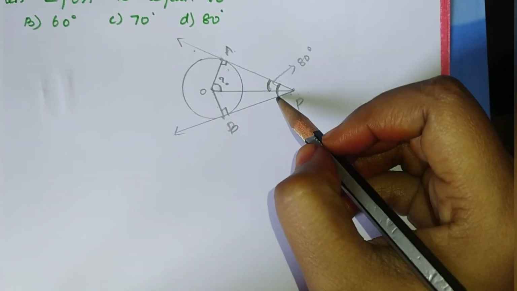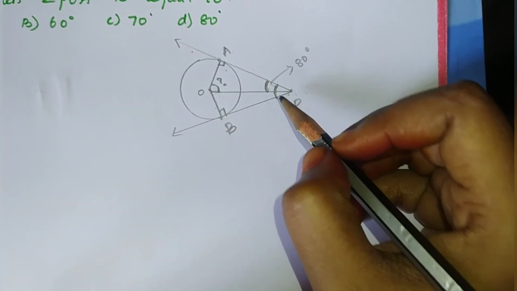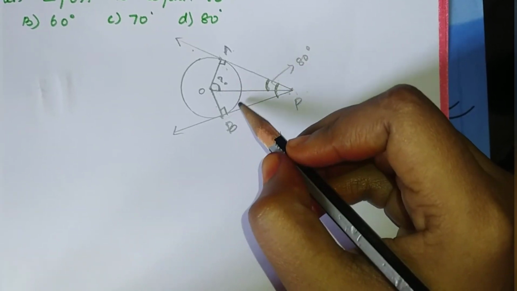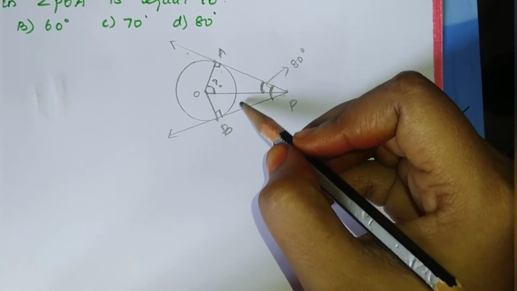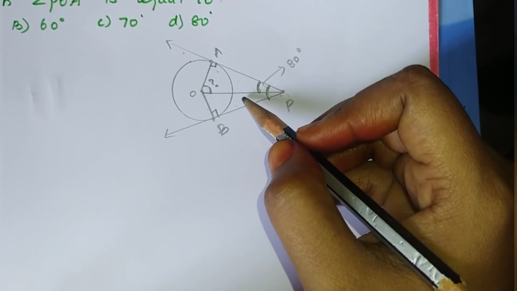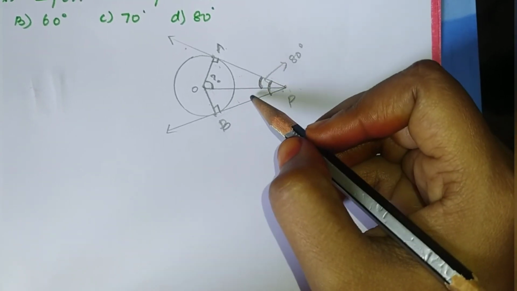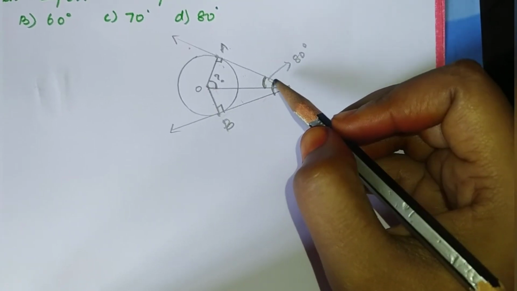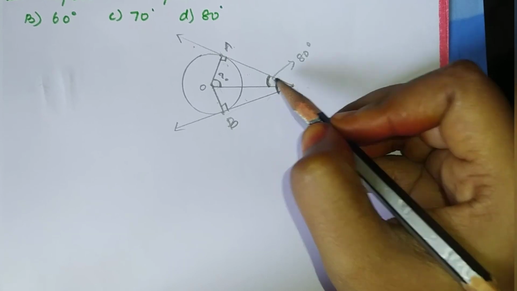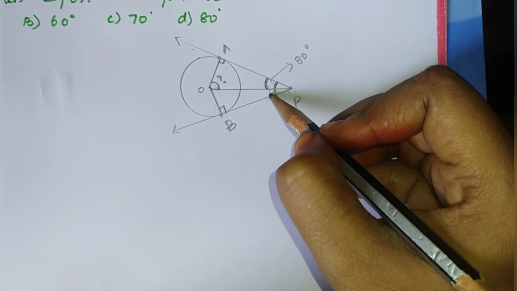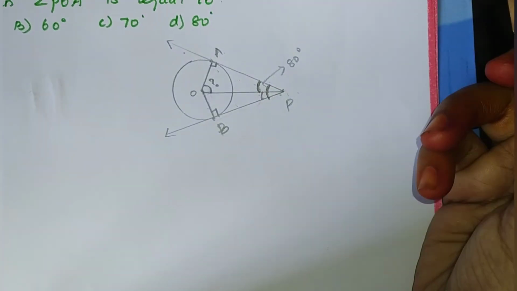For that, I am going to take two triangles and prove that they are congruent. Since the two triangles are congruent, these two angles will be equal by CPCT.